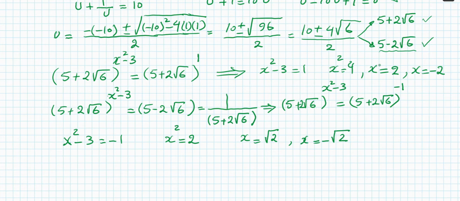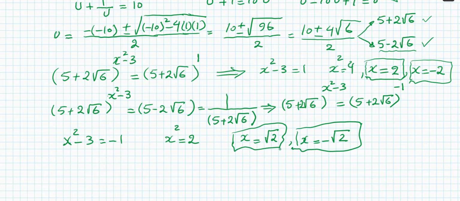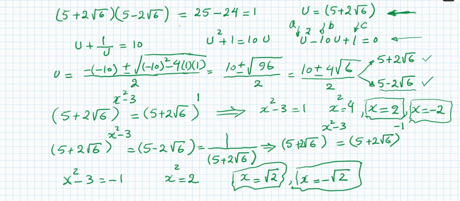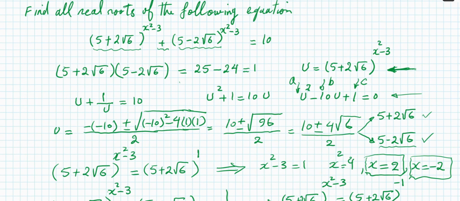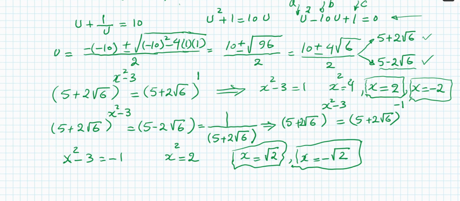So these are the 4 real roots of this exponential equation. X is 2, x is minus 2, x is plus square root of 2, and x is minus square root of 2, which are the roots of this exponential equation.